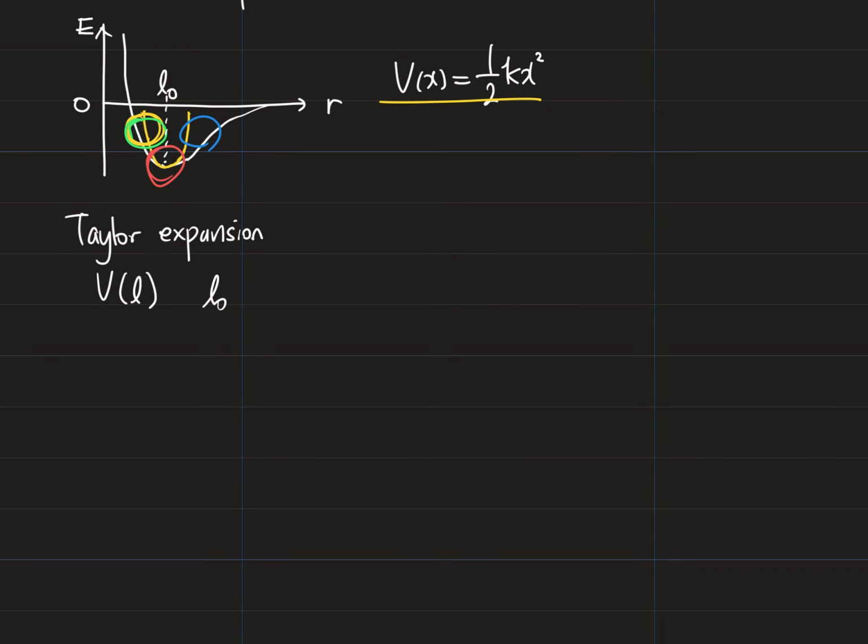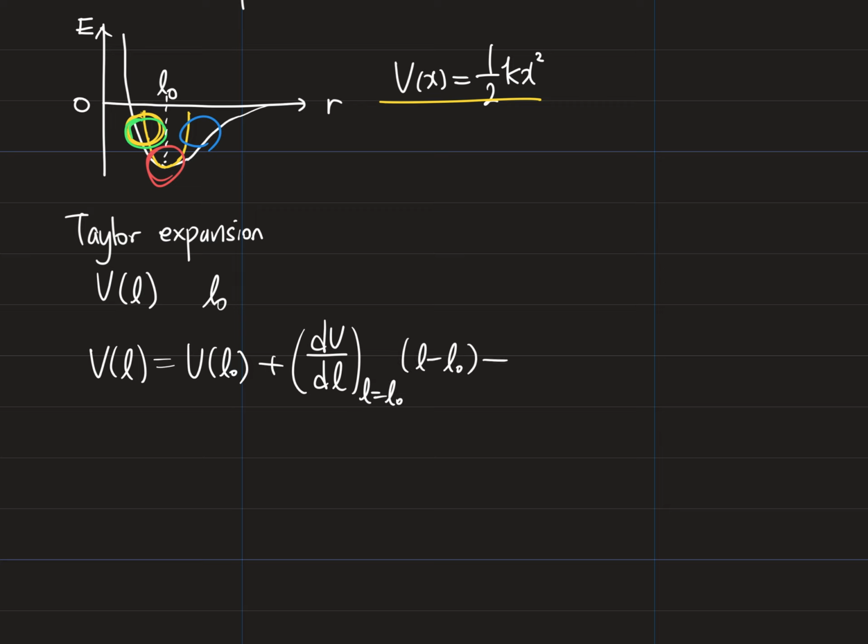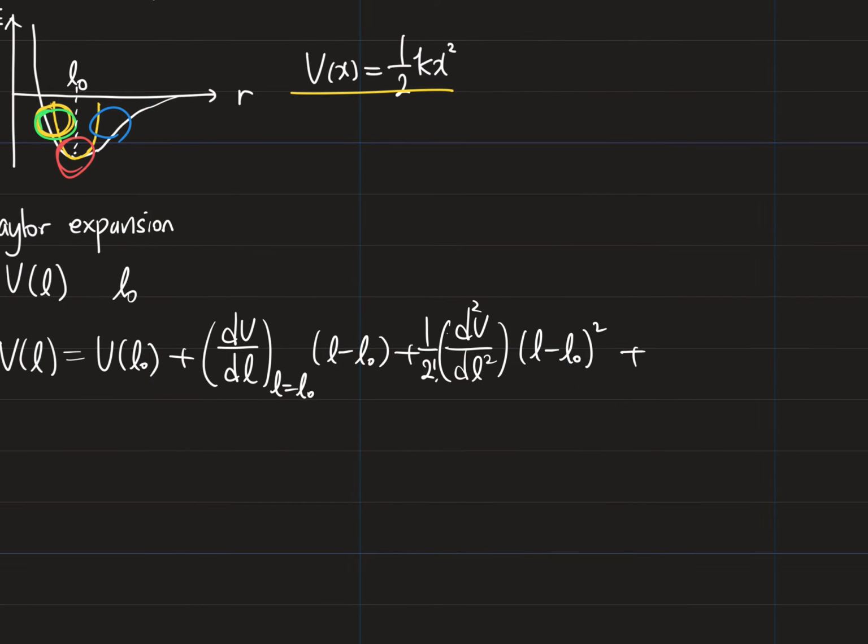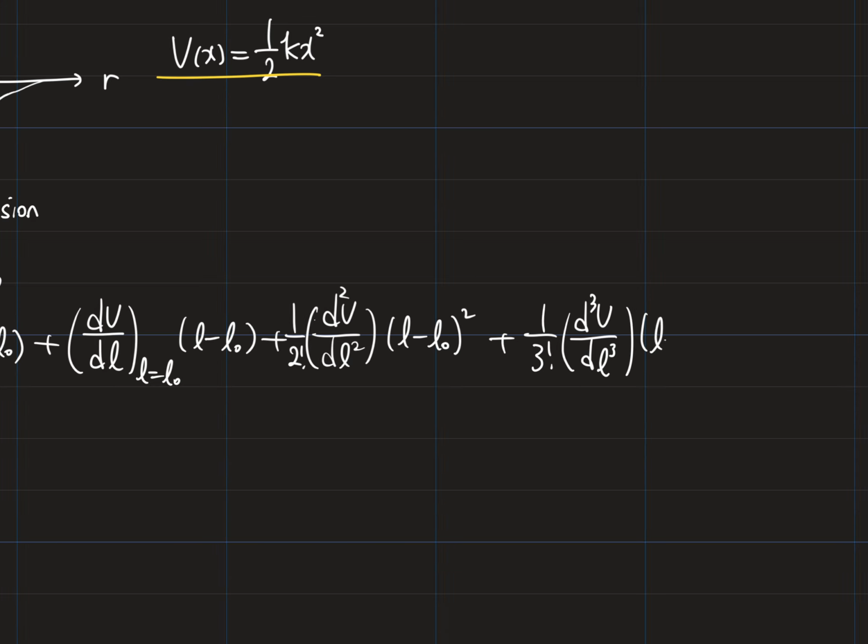That means V(L) should be the sum of its function's value at L0, and you are going to add the first correction, and you want to add the second term, and this is like an infinite sum. So we are going to stop at the third order.